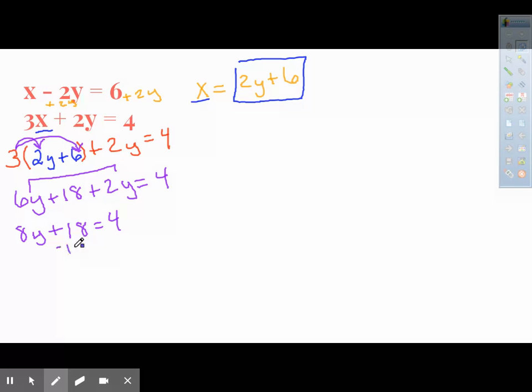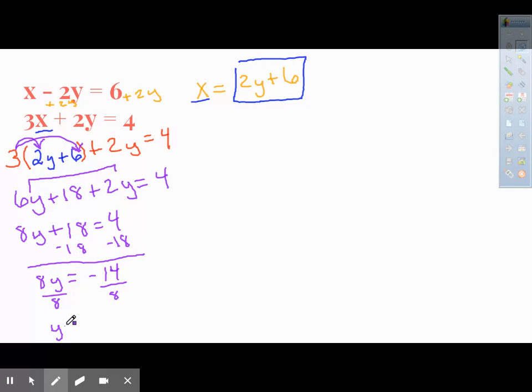Then we subtract 18. 8y equals negative 14. Divide by 8. It's going to be negative 7 over 4.